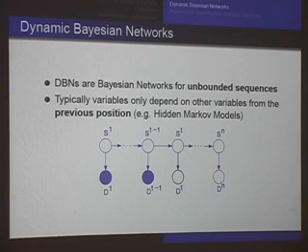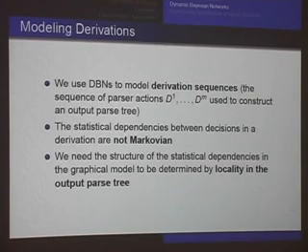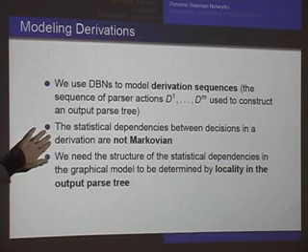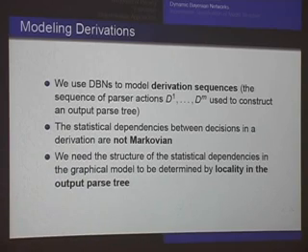Okay, but for our application, that's not appropriate because we're modeling derivation sequences. So for any tree, we can define a derivation for that tree. And then we model those sequences of derivation steps. So it's the actions that a parser does in constructing the tree. These sequences are not Markovian. Particularly neural network work has tried to pretend that it is Markovian, and it just doesn't work.